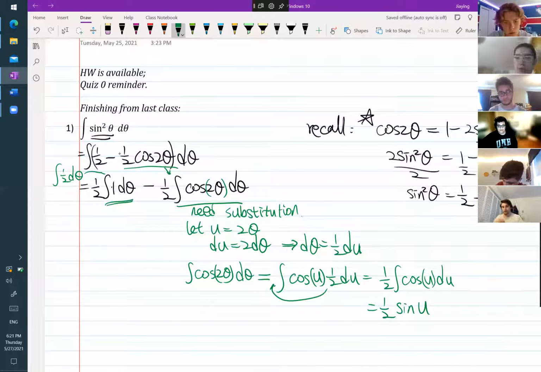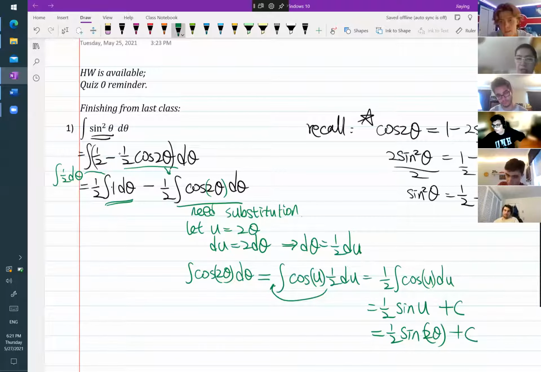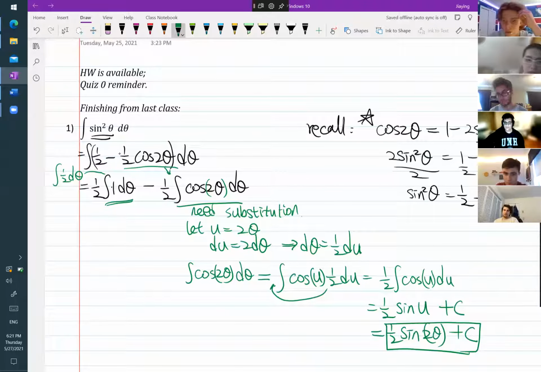And obviously we have to add a constant c. And then don't forget to rewrite sine u: u is 2 theta, so sine 2 theta plus the c. So this expression is the integral of cosine 2 theta d theta.